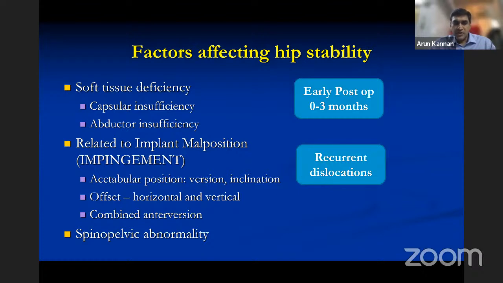Thirdly is the joint above, which has received a lot of attention over the last 10-15 years, which is spinopelvic abnormalities. These causes give rise to often recurrent dislocations when they are not well controlled. We've already had a full session on spinopelvic abnormality, so I'll just keep it as a footnote of this talk. The main concentration will be on implant positions that lead on to impingement and subsequently dislocation.